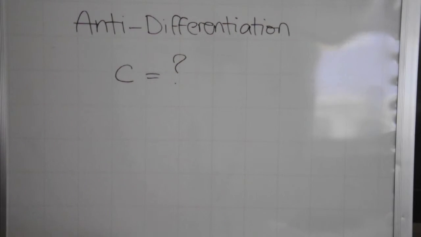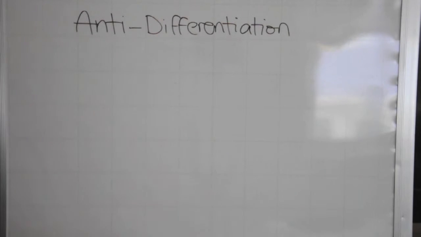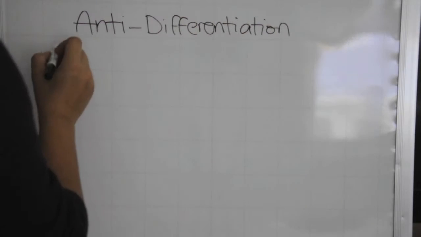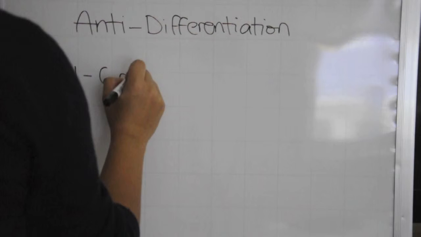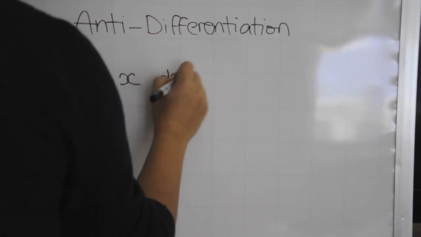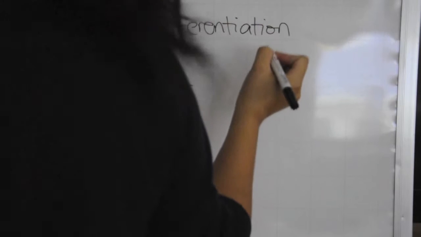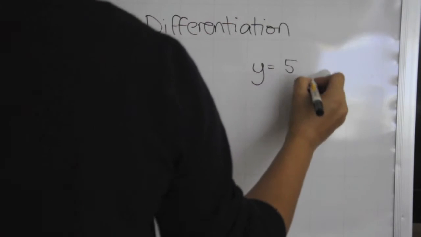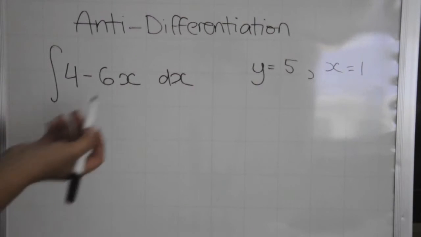Sometimes questions ask us, what is c? C can be found when the values of y and x are given to you. So let's put this in an example. This question is going to ask us 4 minus 6x integrated when y equals 5 and x equals 1. So let's integrate it.